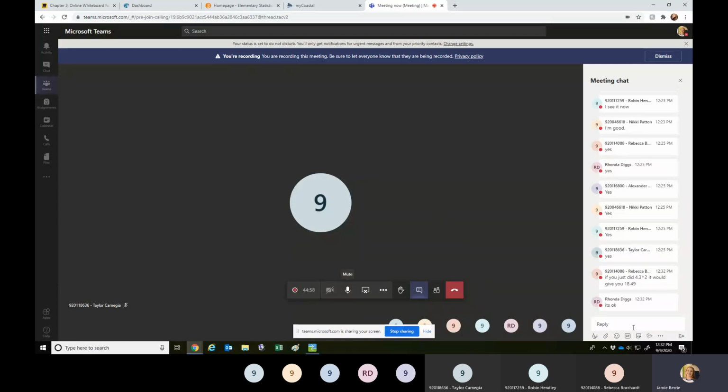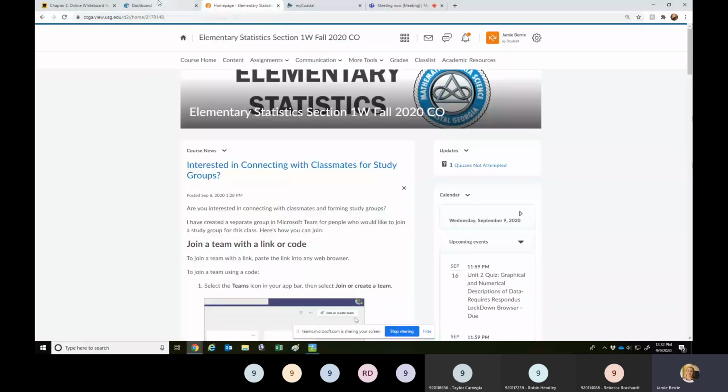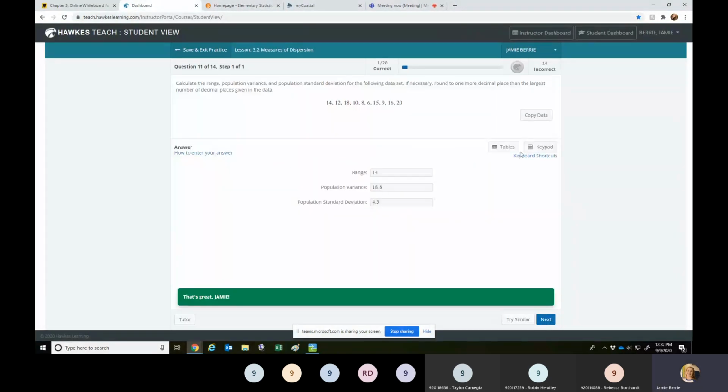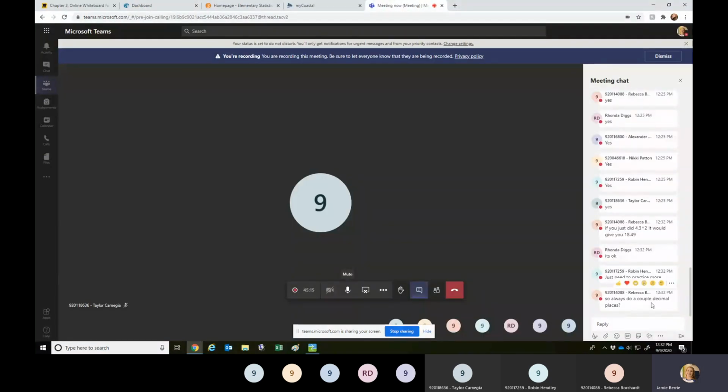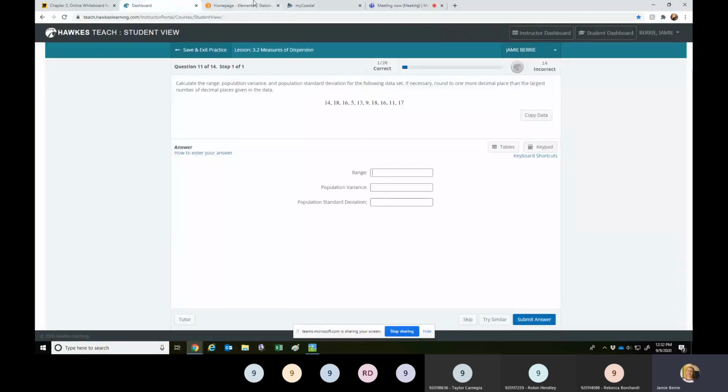So the steps you need to remember, if you just did 4.3 squared, it would give you 18.49. Let's see if that would work. I'm going to type this in my calculator really quick and see if just doing one decimal place would work. Give me just a second.